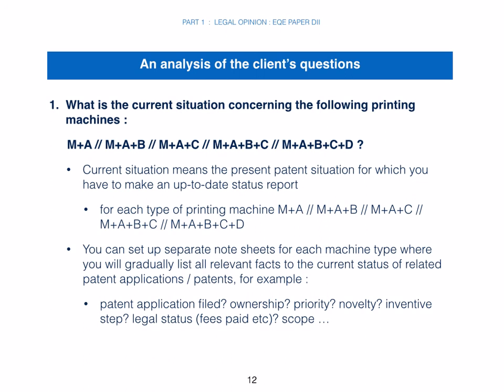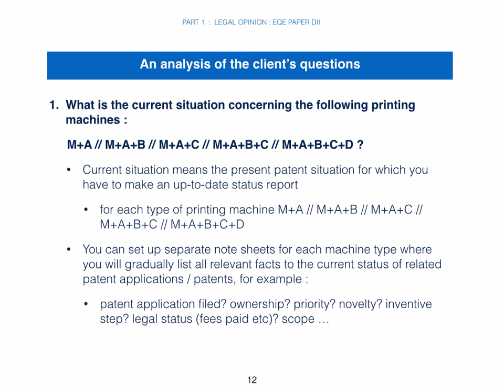M plus A, M plus A plus B, M plus A plus C, M plus A plus B plus C, and M plus A plus B plus C plus D. Current situation means the present patent situation for which you have to make an up-to-date status report, and you have to do this for each printing machine type, M plus A, M plus A plus B, M plus A plus C, M plus A plus B plus C, and M plus A plus B plus C plus D.